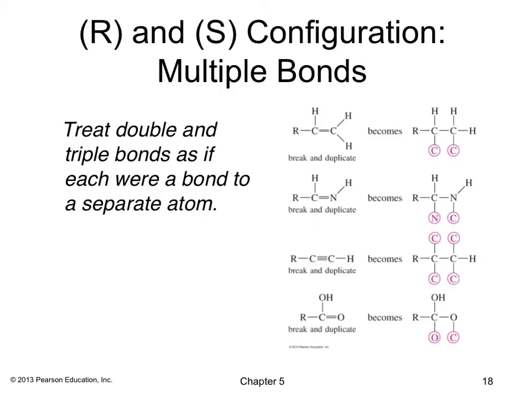Same goes with the C double bond N. In this case, this carbon is attached to a nitrogen as well as being attached to that nitrogen, and this nitrogen is being attached to a carbon. Triple bonds, now you have, in addition to that single bond, another carbon being attached and another carbon being attached. Same goes here. And this carboxylic acid, this carbon is attached to an oxygen in addition to that oxygen, and that oxygen is attached to a carbon.